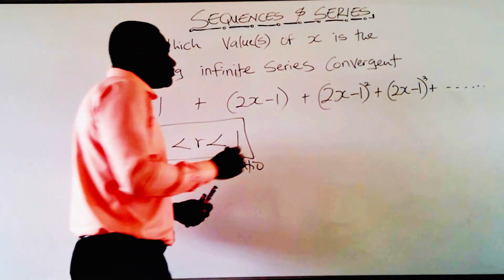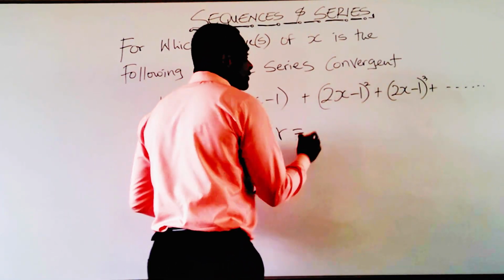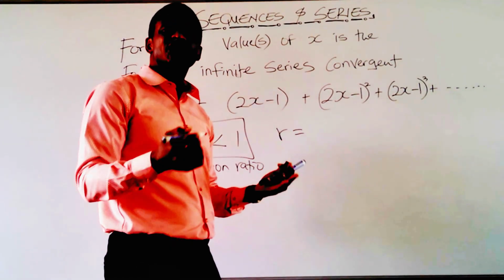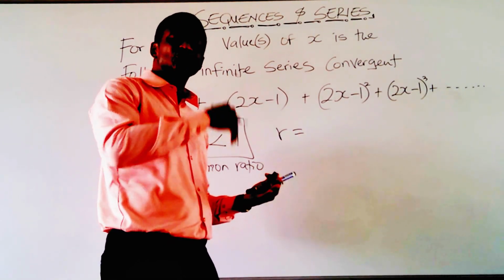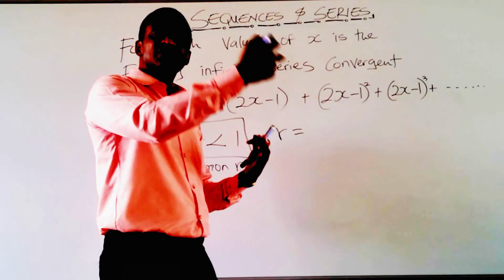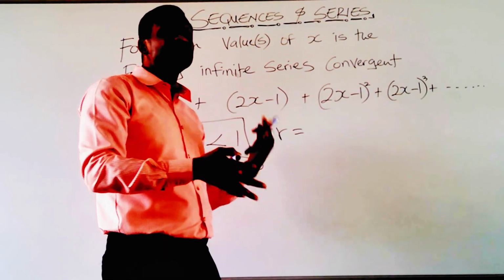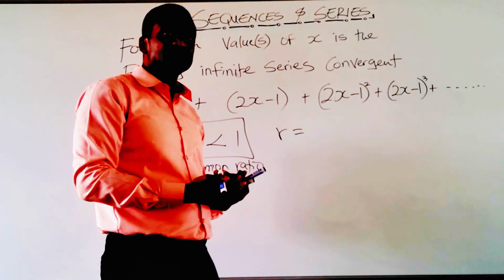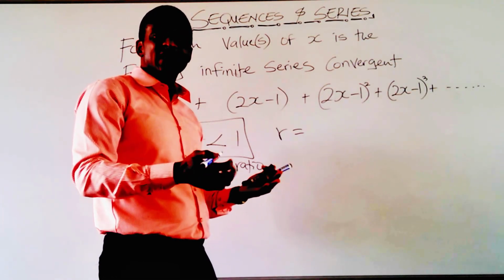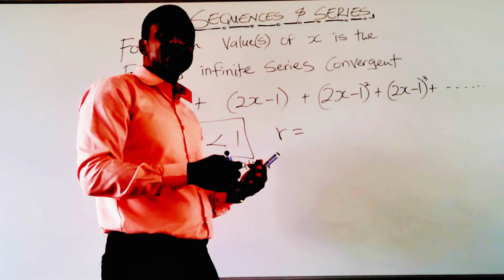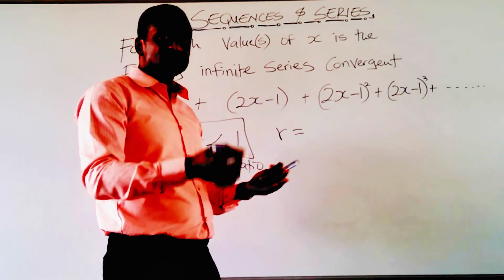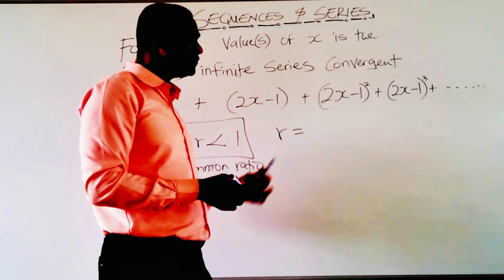How do we get our common ratio? Remember, this is a sequence. We have a common difference where T2 minus T1 is equal to T3 minus T2, is equal to T4 minus T3, and so on. So it is Tn minus T(n-1). That will give you the common difference.